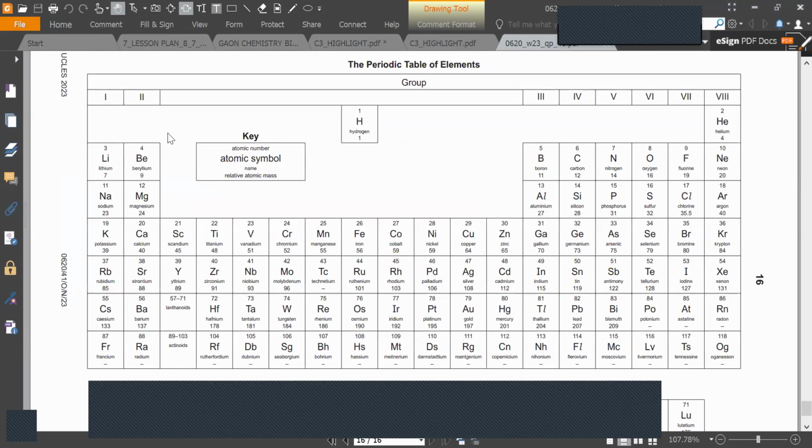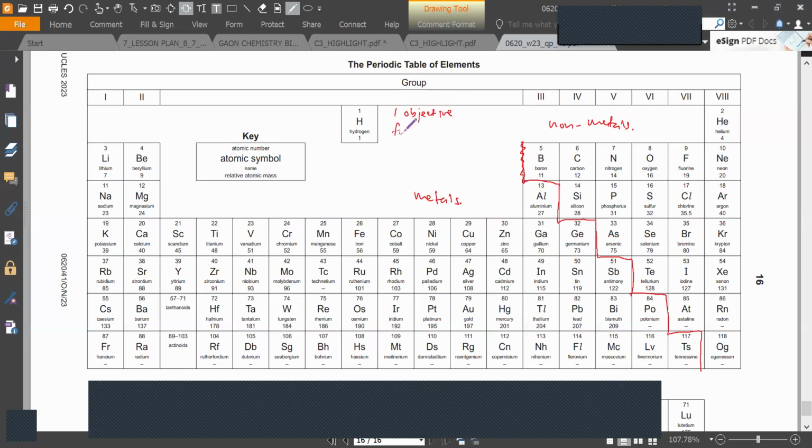So basically, we will know about the category of metals and non-metals. This is the boundary. Here will be metals, and after this line, it will be non-metals.